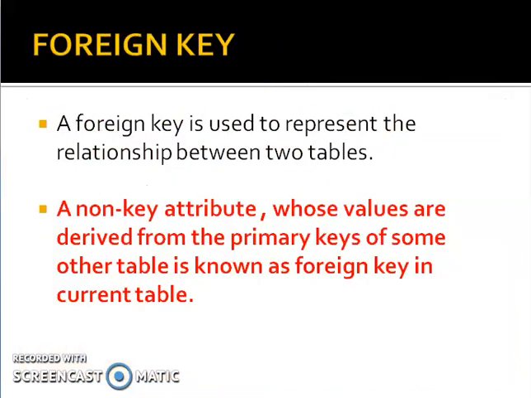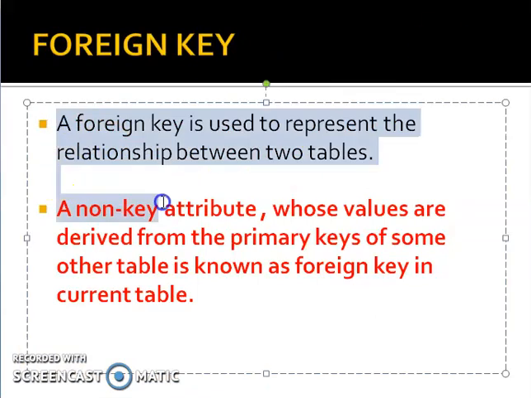So the next topic is the foreign key. A foreign key is used to represent the relationship between two tables. Here the parent table and the child table will be given. From the parent table, some data will be derived into the child table.